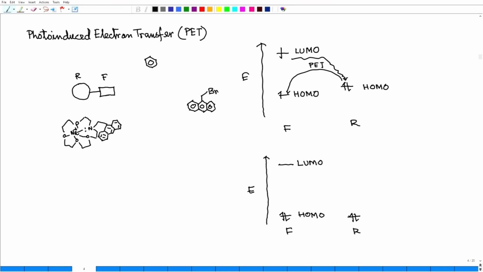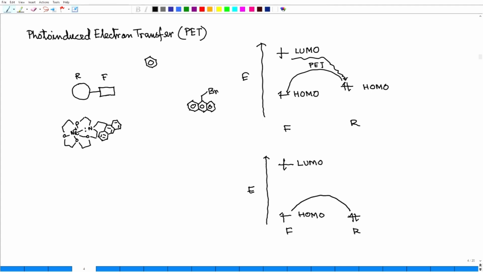Now, I excite the fluorophore. So, to the sodium complex, I excite the fluorophore. It goes like this. Okay. LUMO is now occupied. And how about this?